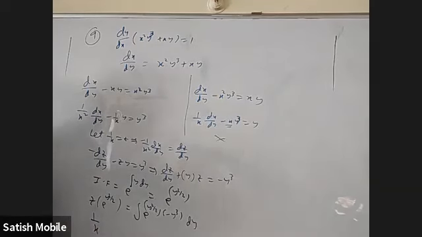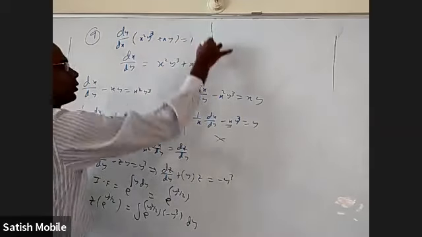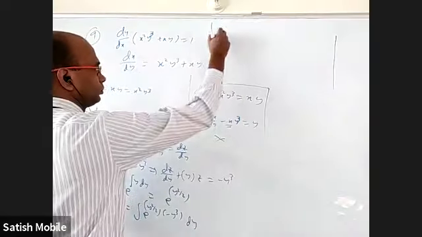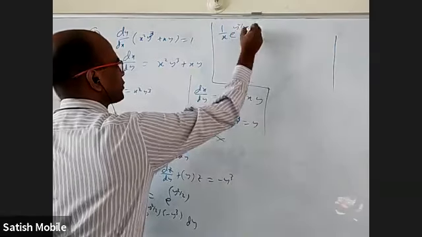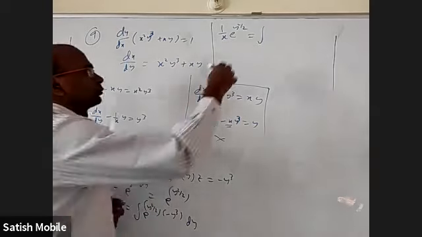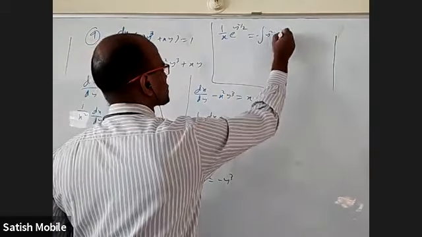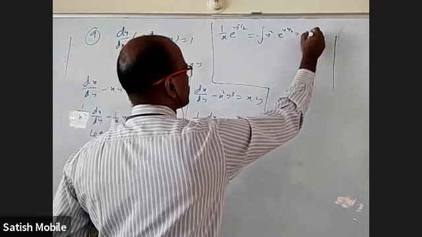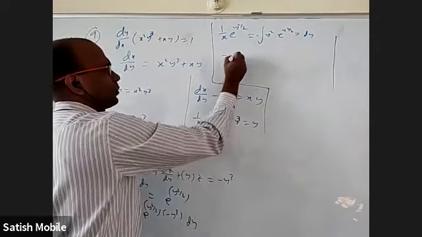1 by x e power y square by 2. Regarding this integral, I can write minus y square e power y square by 2 into y dy. I'll directly apply by parts.